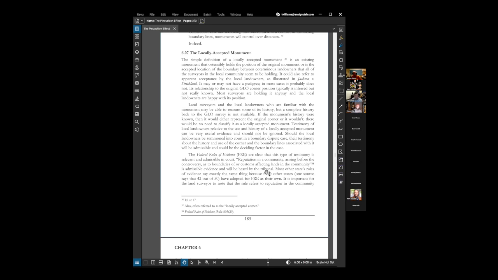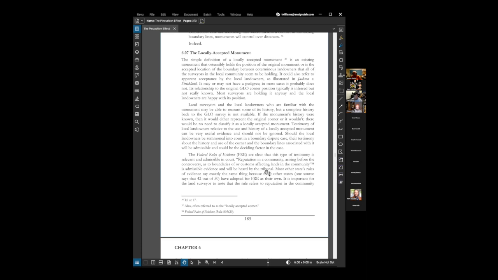I should have mentioned that our state surveyor has a program for the recovery of section corners and quarter corners.